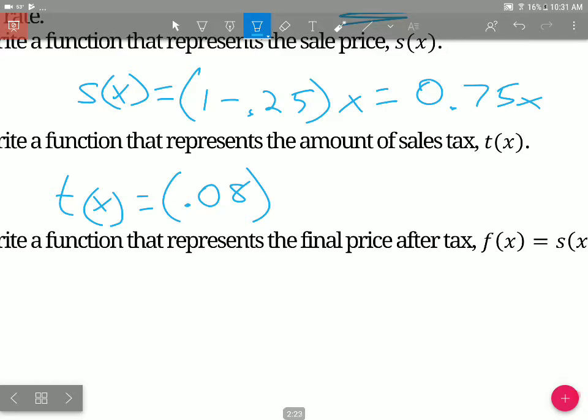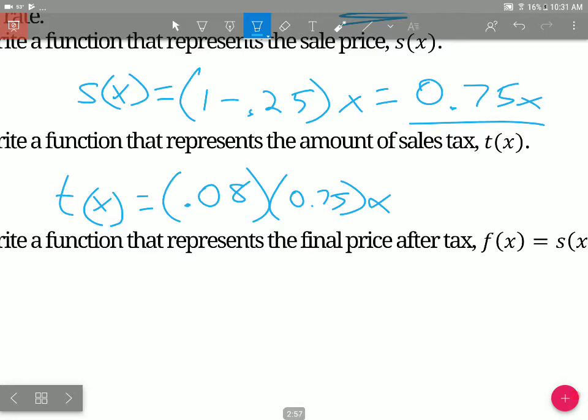But now, question. Are you multiplying that by the price of shoes? Or are you multiplying that by the sale price of shoes, the actual amount you're going to buy it for? The sales price, which we already figured out was 0.75x. Cool. It's not just the price, because that's the tax on the whole thing. You only want tax on 75% of it. Cool?